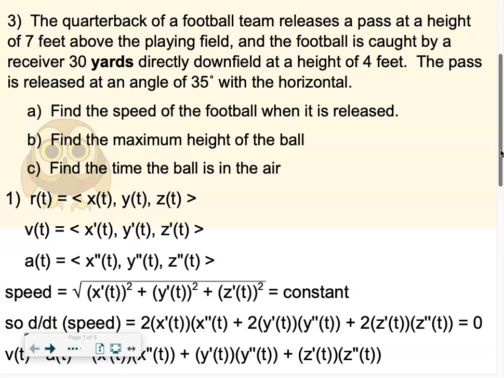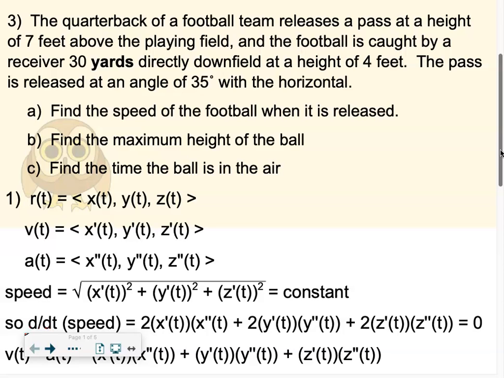What two things do we know? We know the initial height, which is 7. We know the initial angle, theta, which is 35 degrees. And of course we know gravity. So we can fill in those things, but you're still left with an unknown, which is your initial velocity, right? So how do we solve for the initial velocity?